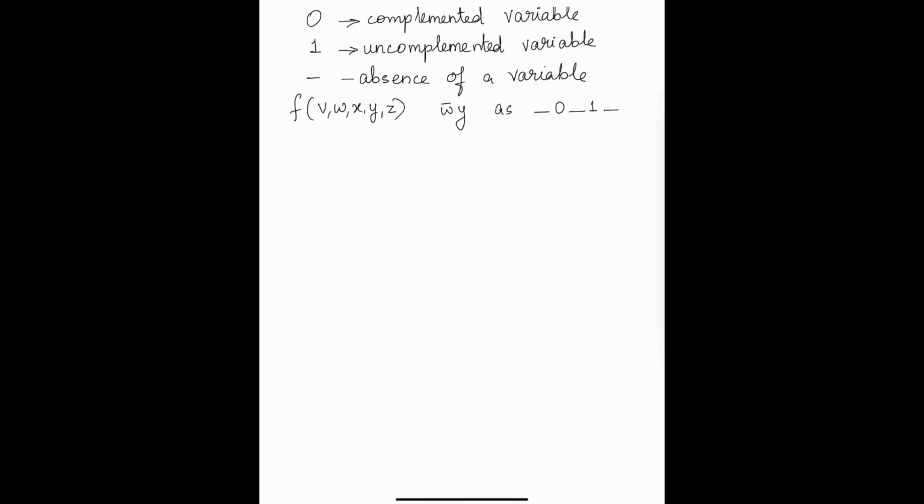So here 0 represents the literal w bar and 1 represents the literal y. Now if you are applying the basic formula ab plus a bar b, we can combine two literals.